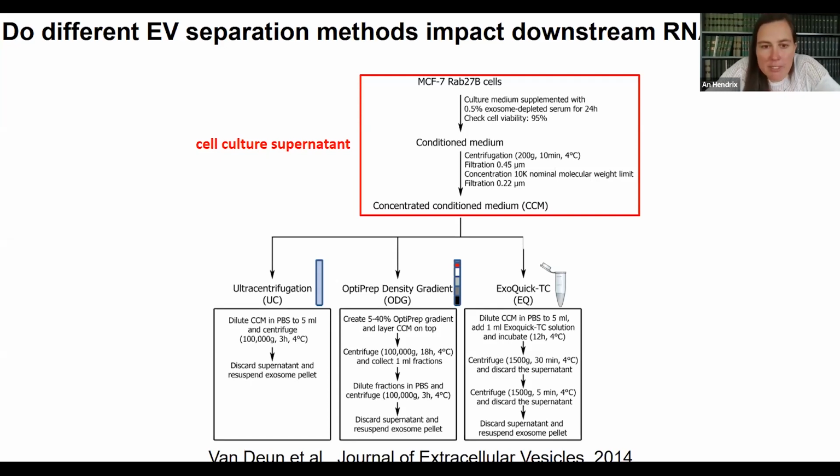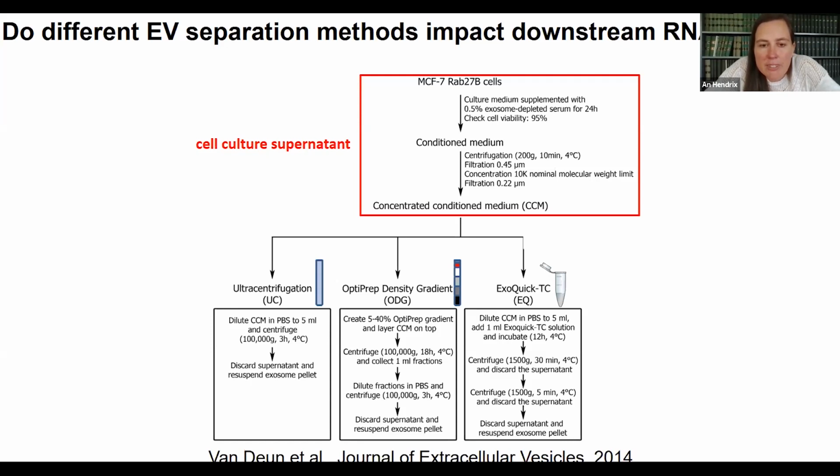A second method included the OptiPrep density gradient centrifugation, where we load decreasing concentrations of iodixanol on top of each other, and on top of this gradient, we load the cell culture supernatant. This gradient is then centrifuged for 18 hours at 100,000 g, and then we collect the different density fractions from the top to the bottom.